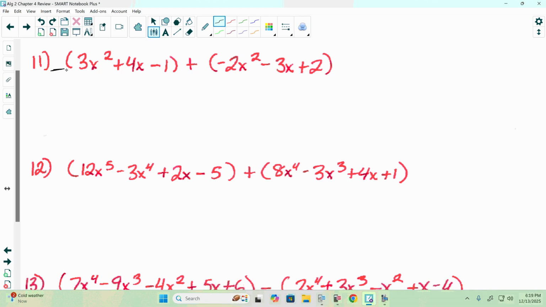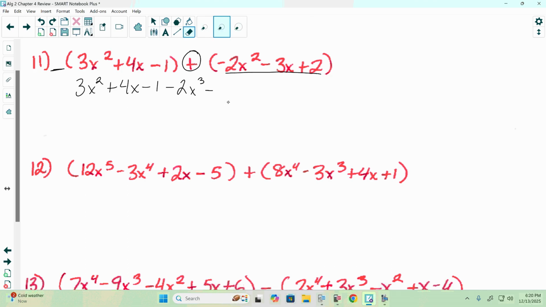Now the nice thing is because there is nothing in front of our first set of parentheses, we can just drop them. Since we're adding, we don't have to change the signs of our second set of parentheses. So it's going to stay negative 2x cubed squared minus 3x plus 2.